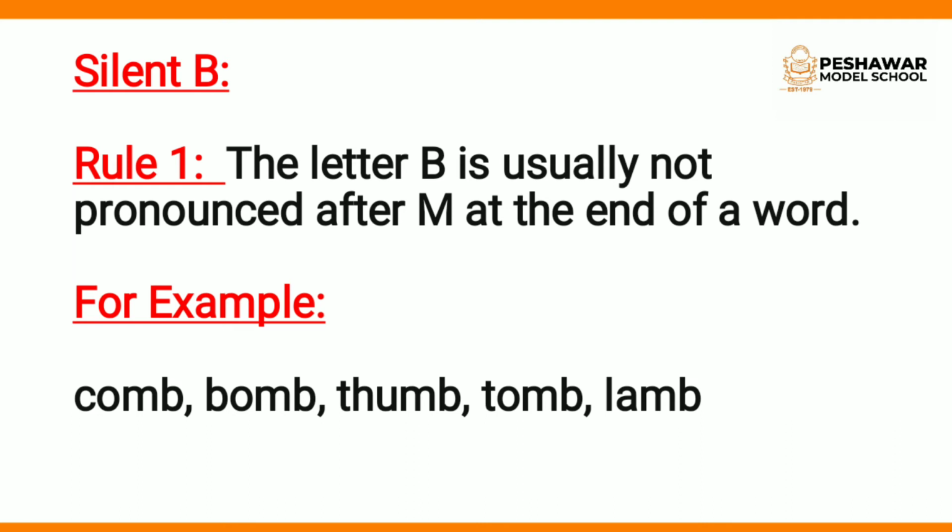Again M and B, so again we will make this B silent. And lamb, L-A-M-B. There is M, and after M we have B, so we will make this B silent.